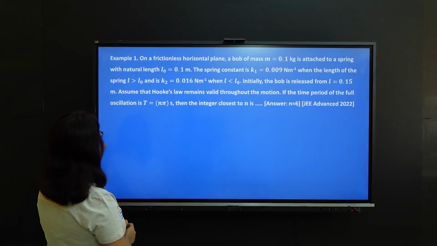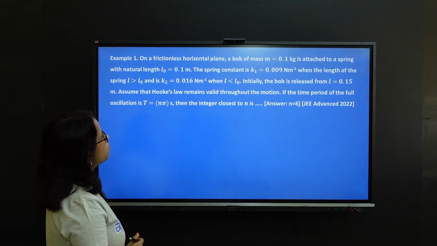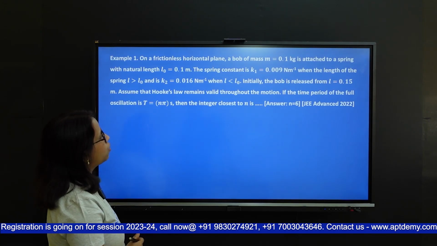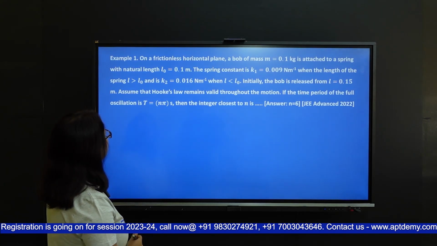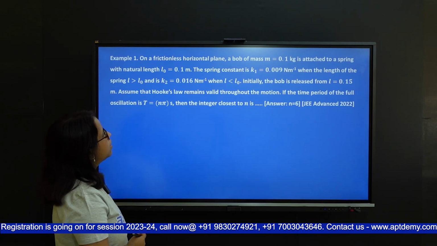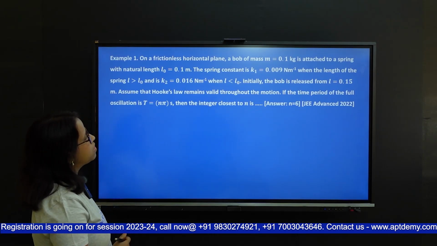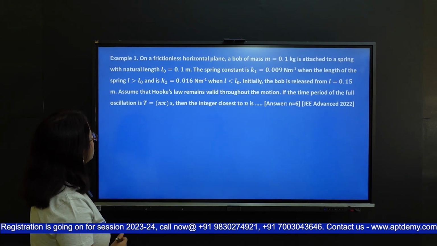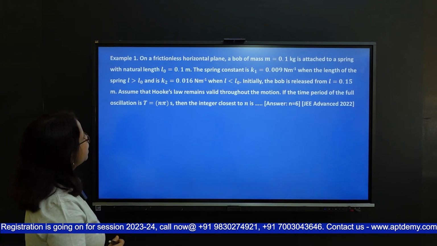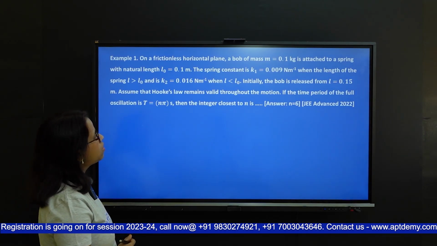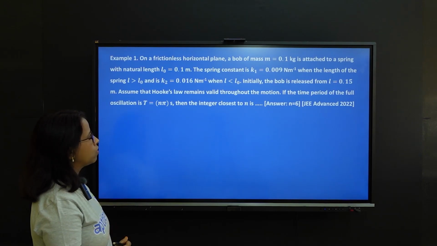So the first problem: on a frictionless horizontal plane, a bob of mass m equals 0.1 kilogram is attached to a spring with natural length L naught equals 0.1 meter. The spring constant is K1 equals 0.009 Newton per meter when the length of the spring L is greater than L naught, and is K2 equals 0.016 Newton per meter when L is less than L naught.